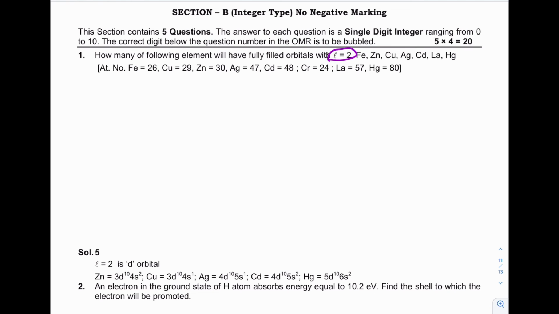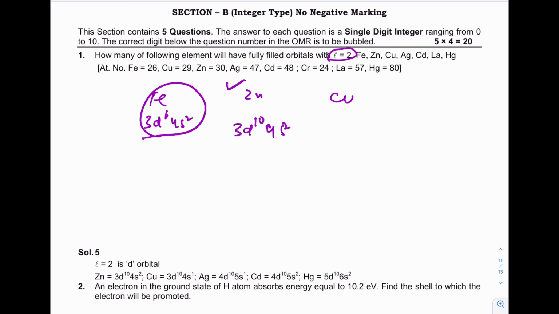Now integer: how many of the following will have fully filled orbitals with L2? L2 is d orbital. Iron has 3d6. Zinc is 3d10, so one is zinc. Then copper, 3d10 4s1, so copper is also there. Silver, atomic number 47, its configuration is 4d10 5s1, so yes, it is the same.